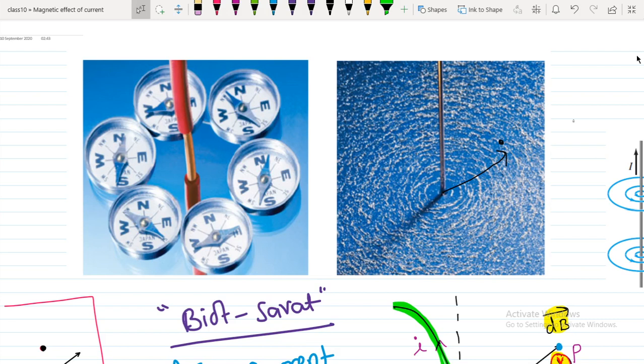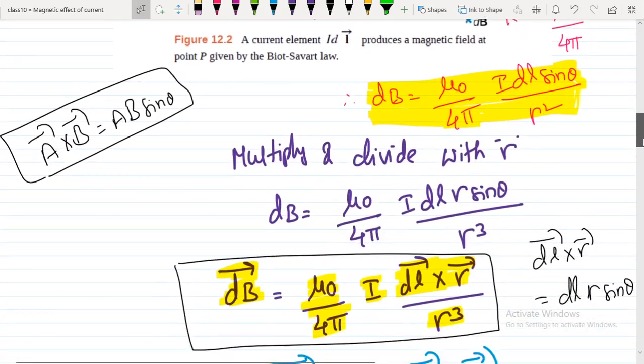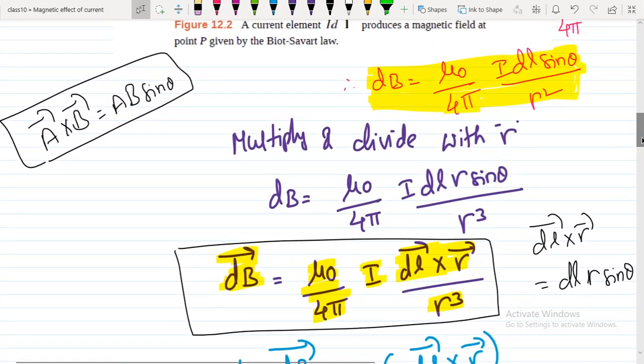The direction of the magnetic field can be found using the right hand corkscrew rule, and the magnitude by using the Biot-Savart law: dB equals mu naught upon 4 pi times I dl sin theta by r square.